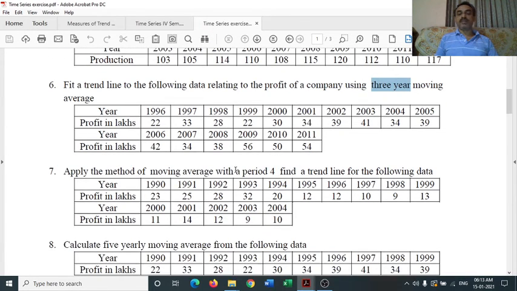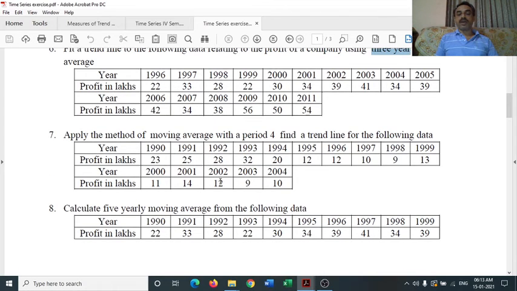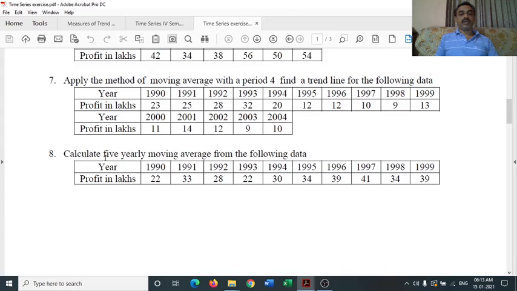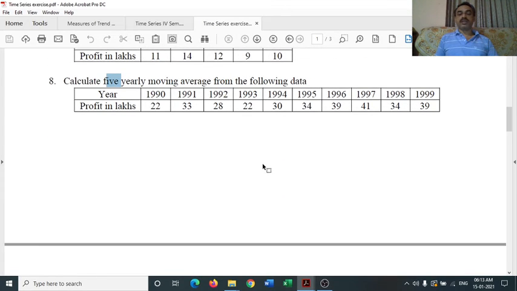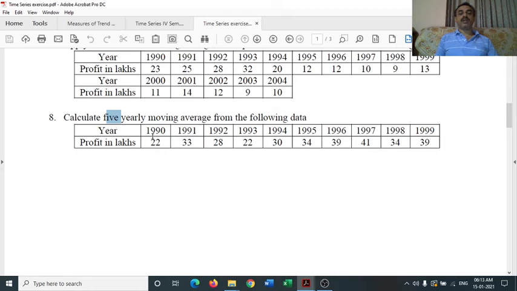There is one more example to find the trend values using method of moving average. In that case, it is a 5-year moving average, and there we have to group the observations into bunches of 5 years. The data is starting from 1990 to 1999.